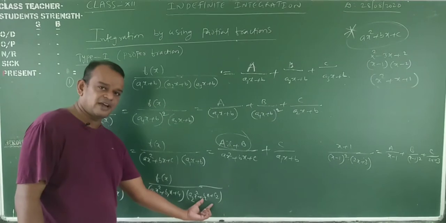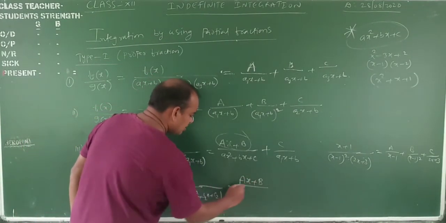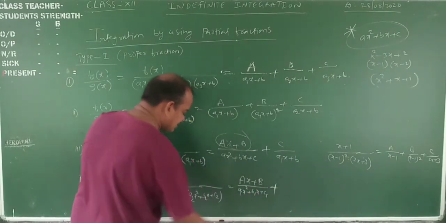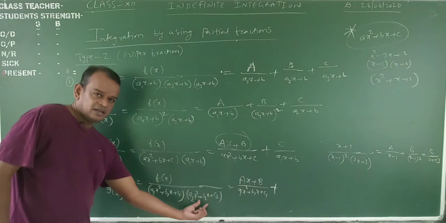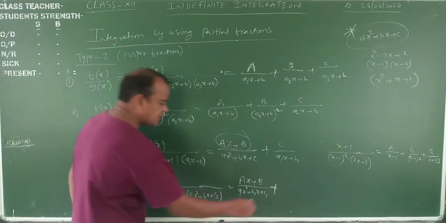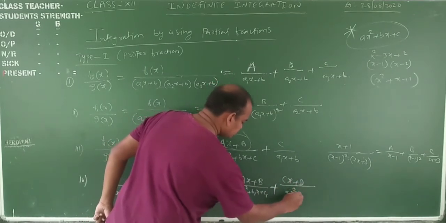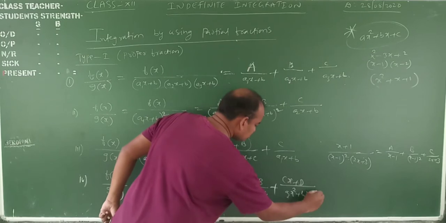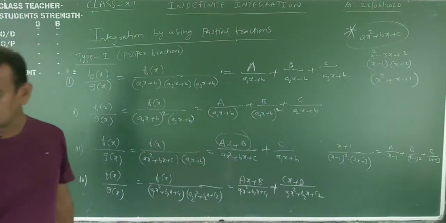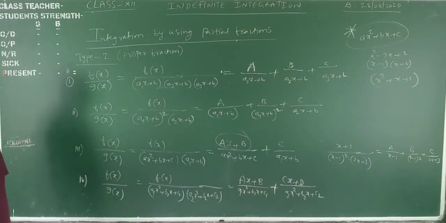How to write? (Ax + b) by a1x² + b1x + c1 plus, since it is irreducible, another linear factor, a and b completed, (cx + d) by the other. In this way we will take. After that, both sides comparing the similar terms: 1, 2, 3, 4.